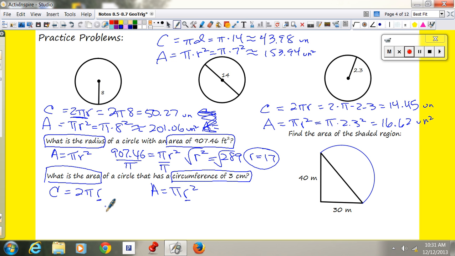They told me that the c is 3. So I'm going to take out c and I'm going to put a 3. I want to get r by itself though. 3 equals 2 pi r. So what do I do to get r by itself? Divide by 2 pi.